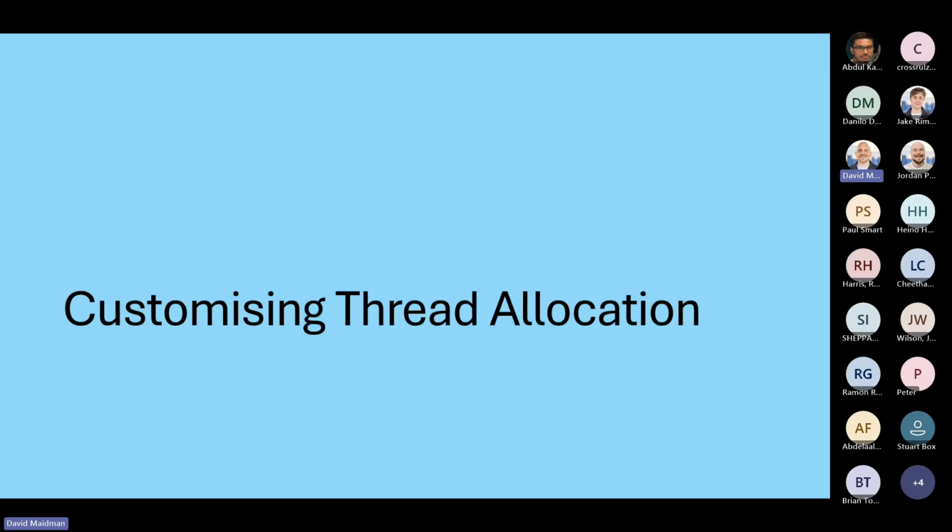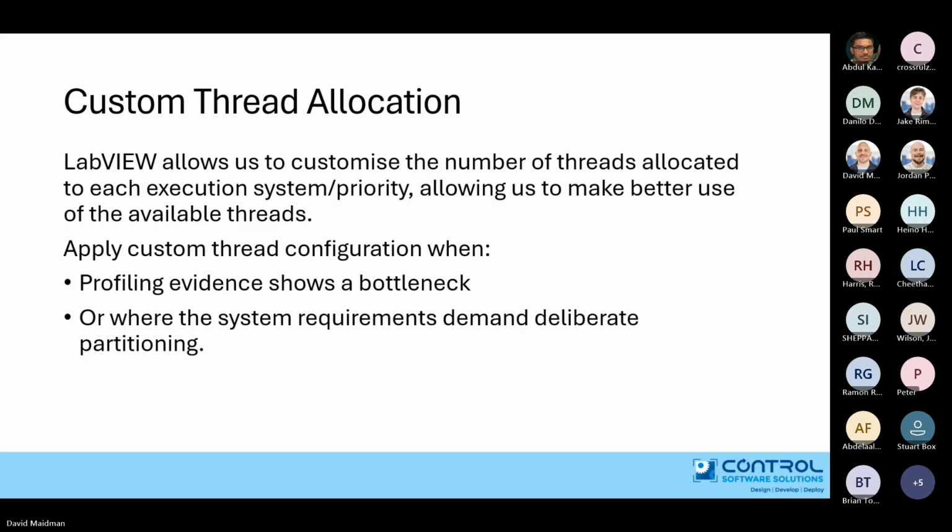Now, it may be that we've got big chunks of this that aren't being used, and we may want to assign more threads, for example, to standard. So LabVIEW lets us do that. It lets us customize the thread allocation. Okay.